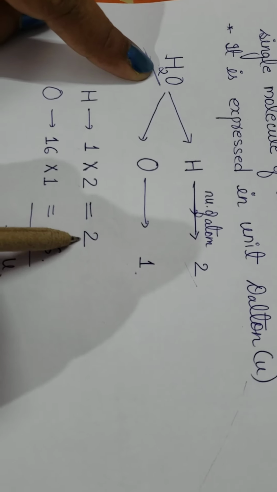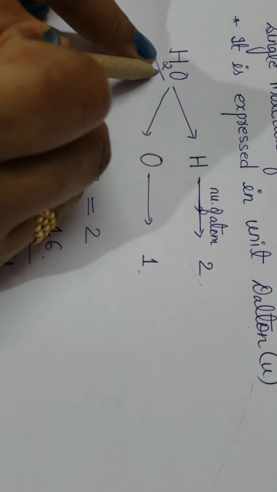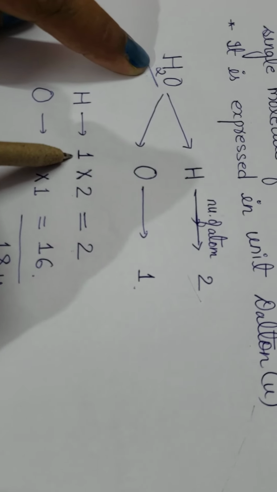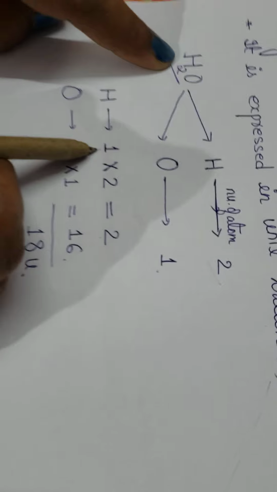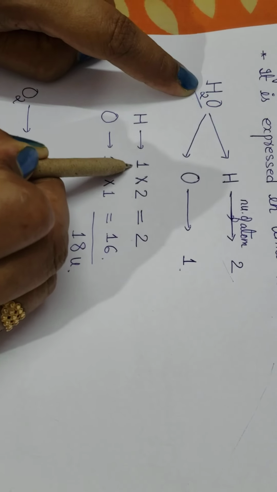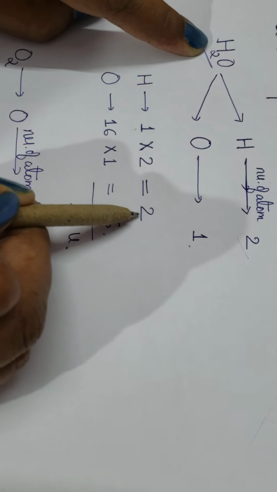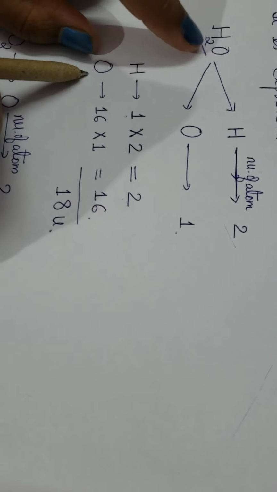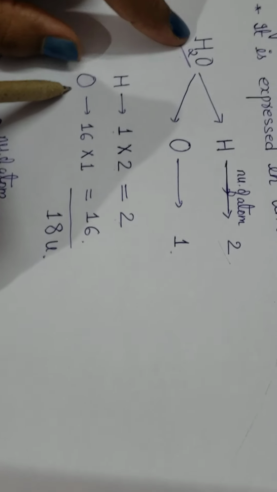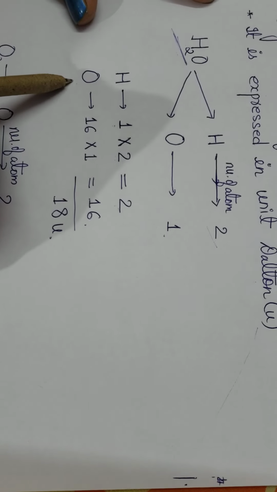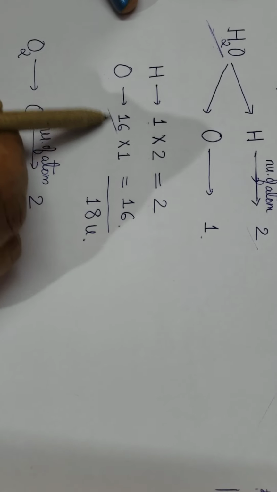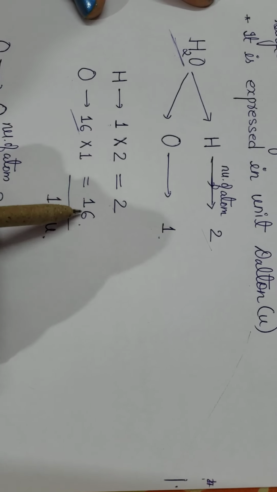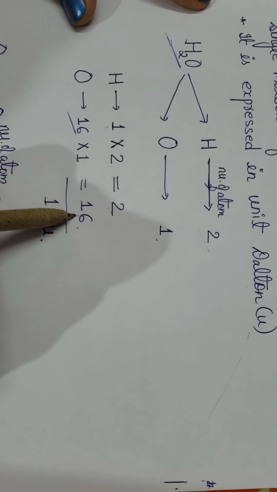So the atomic mass of H2 will become 2, because the mass of one atom of hydrogen is 1, but we have 2. So 1 plus 1 or 1 multiplied by 2, it will become 2. Now the second atom which is present in the water molecule is oxygen. Atomic mass of oxygen is 16 and we have a single atom of oxygen. That means the atomic mass will be 16.